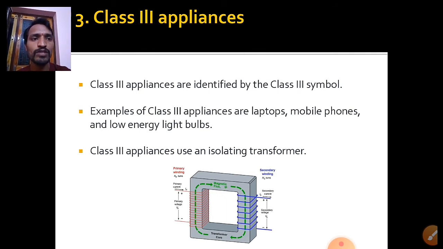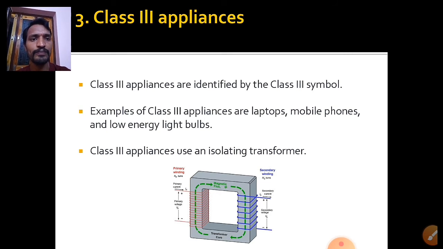For charging the laptops we have a transformer inbuilt, and mobile phones also have small transformers. Wherever an appliance is built with a transformer in it, we can say that this is a class 3 type of appliance.